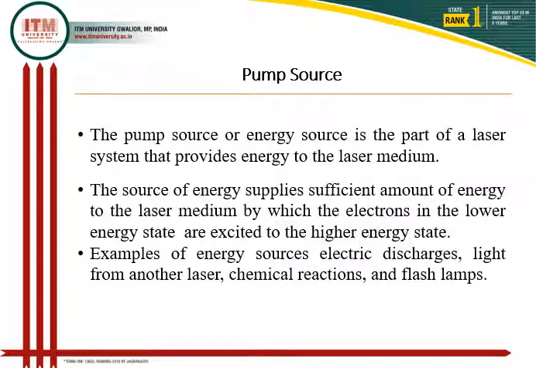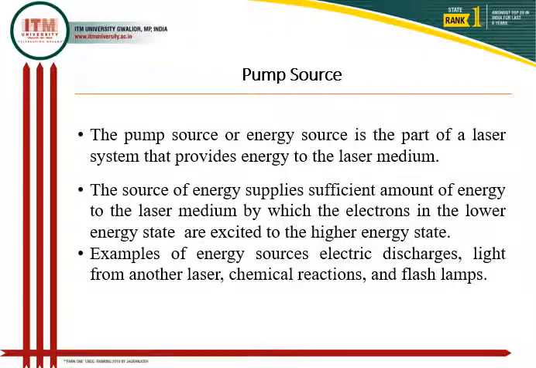Examples of these sources include electric discharge, light from another laser, chemical reactions, and flash lamps. The type of energy source used mostly depends on the lasing medium. Excimer lasers use chemical reactions, a helium neon laser uses electric discharge, and a dye laser uses optical pumping.